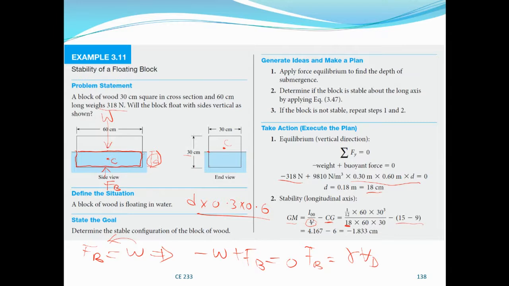So G will occur somewhere here, and this is C. From here to here is 9, and from here to here is 15. So what is CG now? It's going to be 15 minus 9. And we can see GM is negative, meaning it is unstable. So it cannot float with its side vertical.